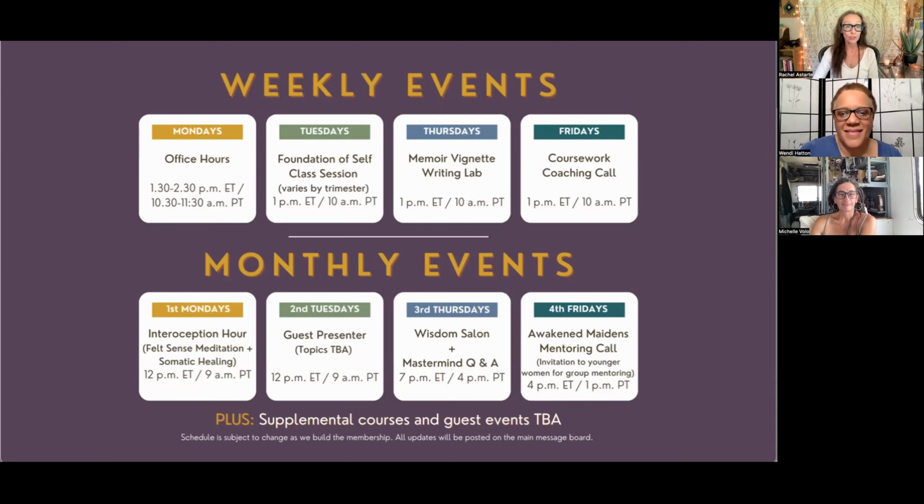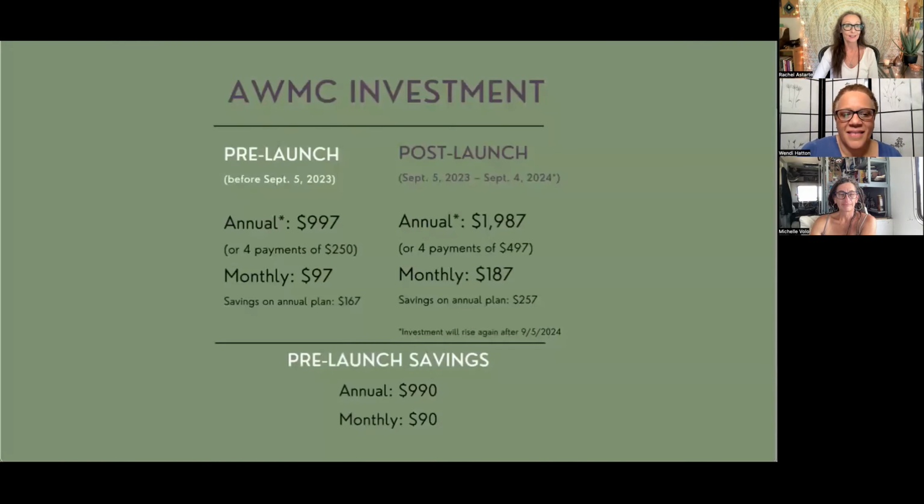So the next question is, what do you get? What's the investment? Between now and September 5th, there are two ways that you can join the membership. You can join at the annual fee of $997 or 4 payments of $250, or you can pay monthly for $97.